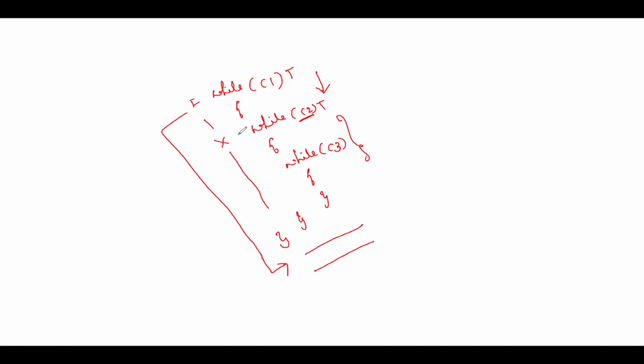If this is false, then I'm not going to execute this. I will execute the statement which comes after the close of this particular while loop, which in this case means I'm going to come back to the main while loop and check the condition. Similarly, for the third while loop, if the condition is true, then I'm going to execute the statement. If it fails, I'm going to come out of it into the middle loop.